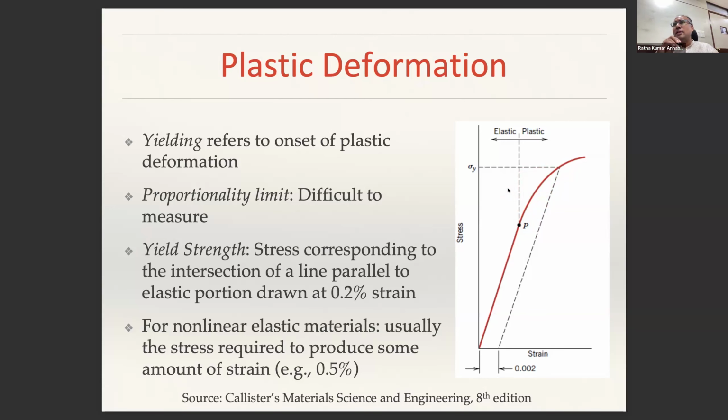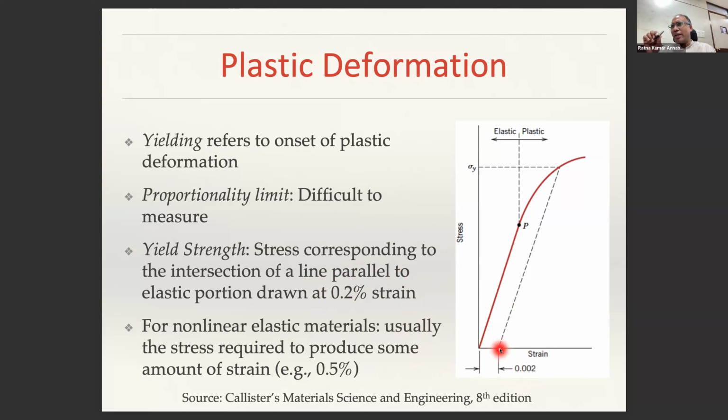What they said is, you draw a 0.2% offset strain line. What is the meaning of that? The slope of this straight line gives you the elastic modulus, the linear elastic regime. From there, you look at 0.2% strain. 0.2% is 0.002, so that is this point.